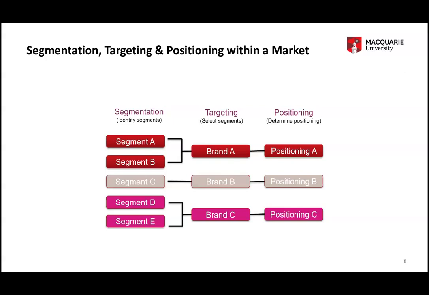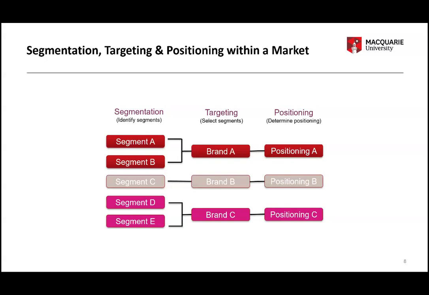And if we think about segment D and segment E, segment D could be the fashionistas, for example. It could be a brand that is predominantly designed in such a manner that its positioning is about making you look good, or giving you the glamour look, or whatever it happens to be.